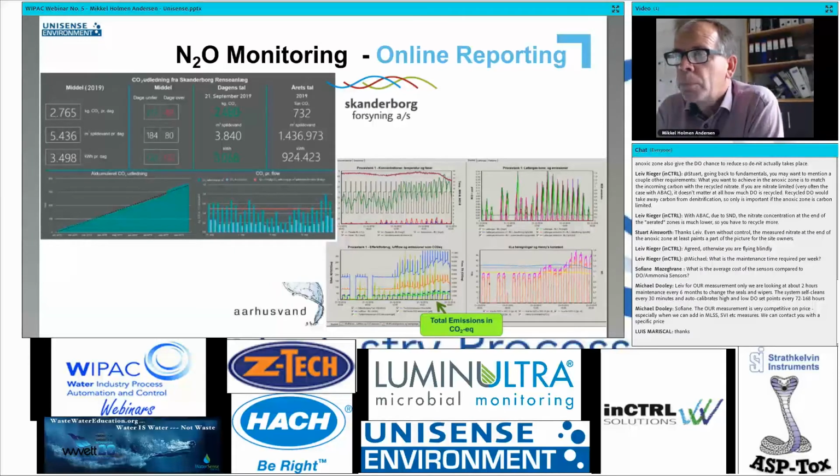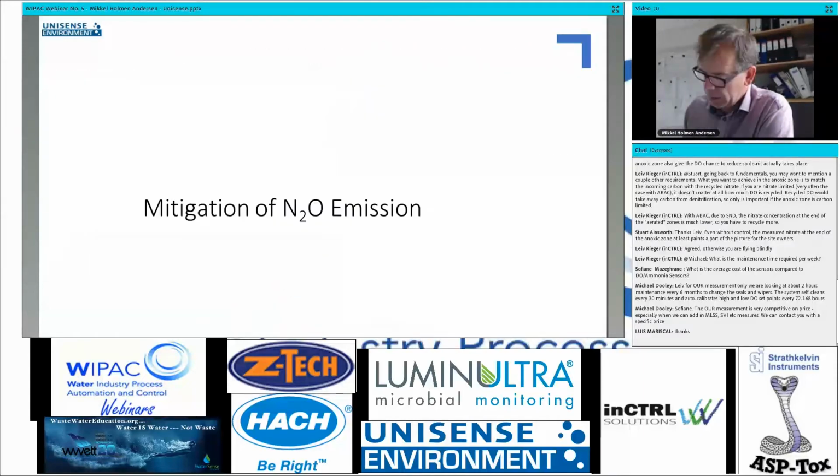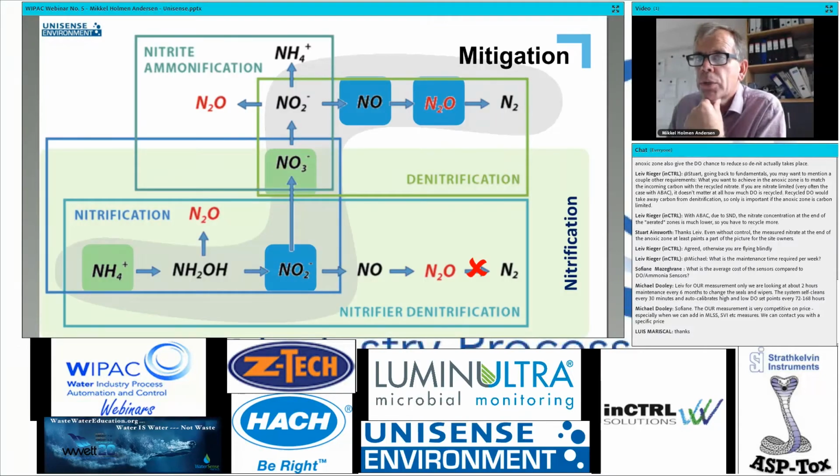In terms of control and emissions, Unisense Environment, we are not delivering emission controls. It's other companies that you have heard talks from today, but we provide the sensor and share all the know-how that we may have. But as you can see, if you only measure oxygen, then you will lack information on what is going on in terms of nitrous oxide.